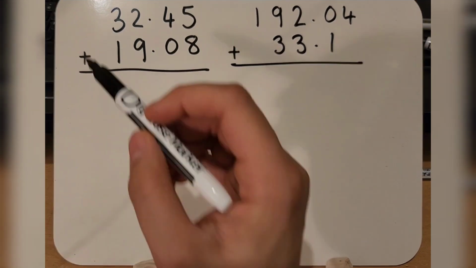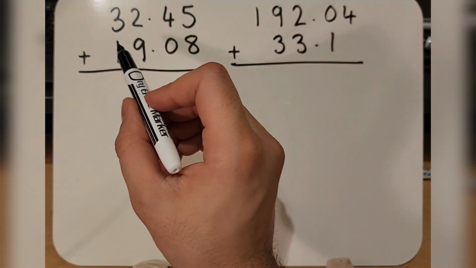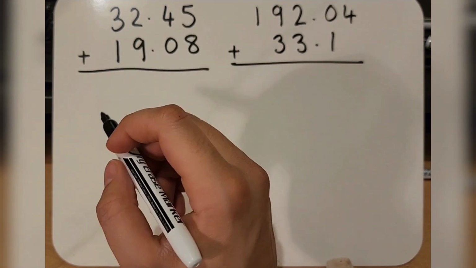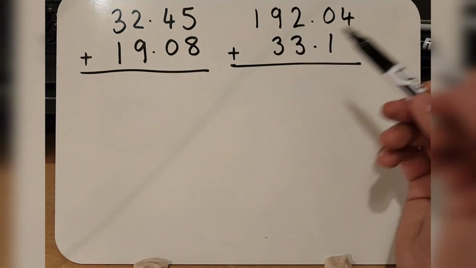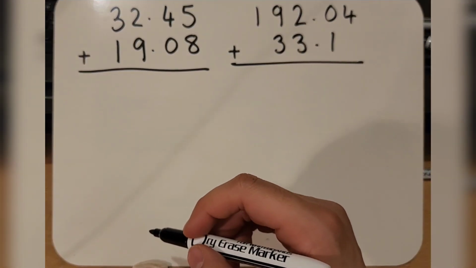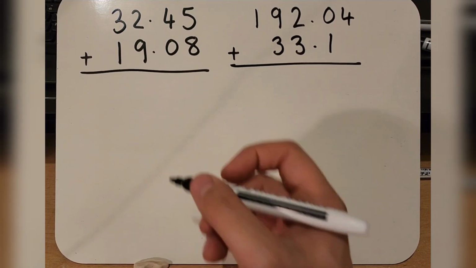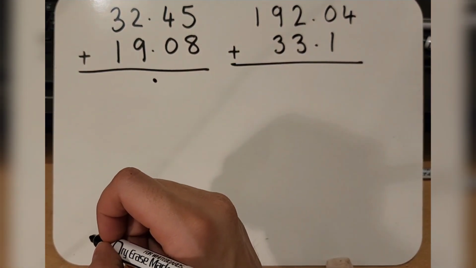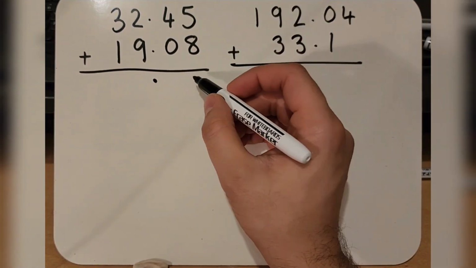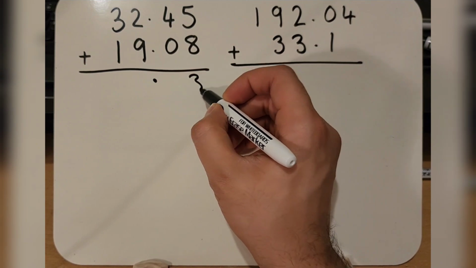Let's have a look at this first one, 32.45 add 19.08. Okay, so it's pretty much the same as before. Main thing we've got to do that's different from decimal addition and normal addition is make sure this decimal place is right here. Okay, 5 and 8 is 13.